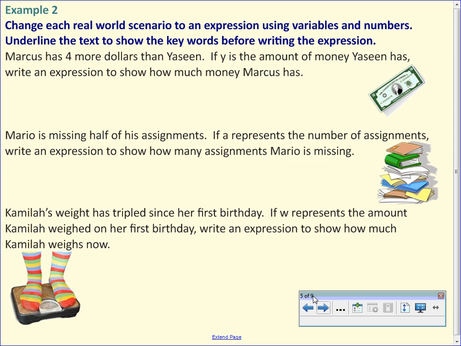If Y is the amount of money Yasin has, write an expression to show how much money Marcus has. So here are my key words, 4 more. So if he has 4 more than Yasin, how could I write that? Y represents Yasin. Yeah, so we have Yasin's amount plus 4 more, and now I know how much Marcus has.